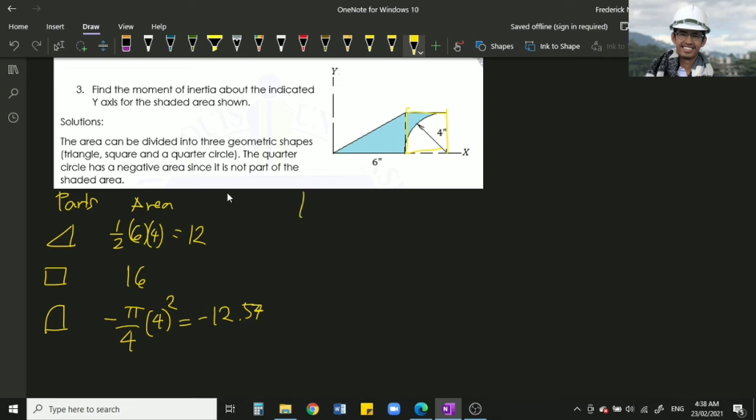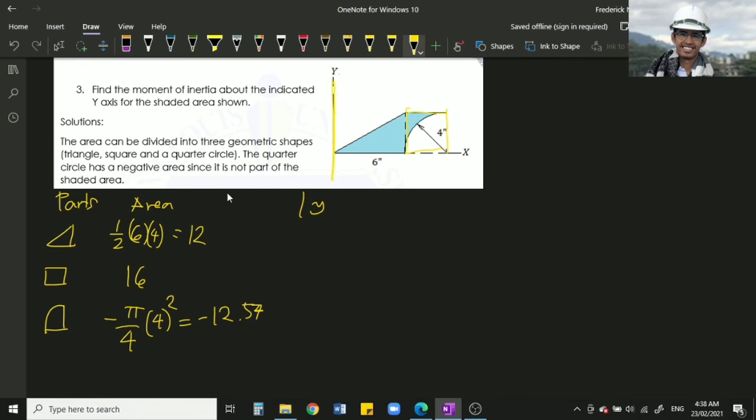So, Iy is equal to, so for this one, BH cube over 36. So, yung base natin is magiging 4 inch and yung height natin will be 6. Okay? So, with respect to x-axis class, y-axis, no? With respect to this y-axis.